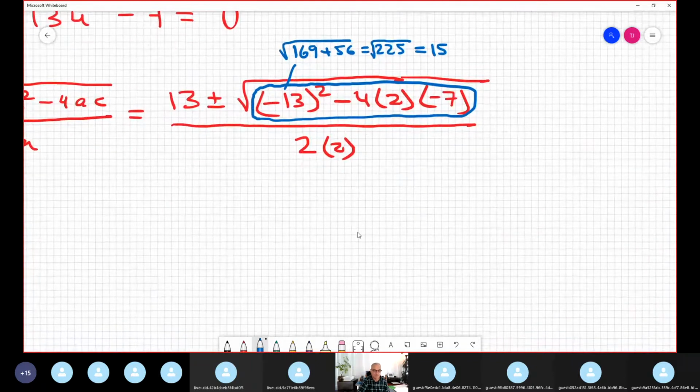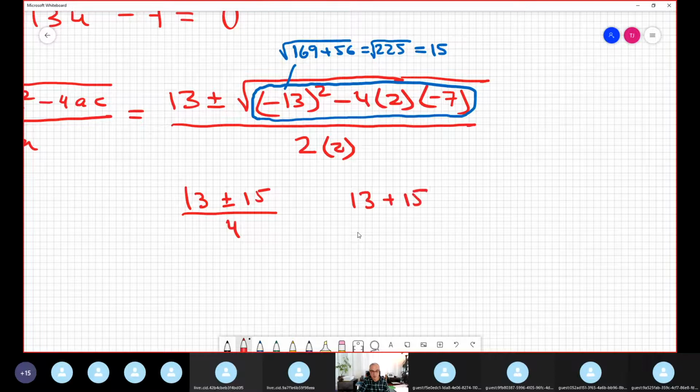Now, we come back to the red color: 13 plus or minus 15 divided by 4, which is 2 times 2. You separate in two pieces, 13 plus 15 divided by 4, and 13 minus 15 divided by 4. This is 28 divided by 4, which is 7.